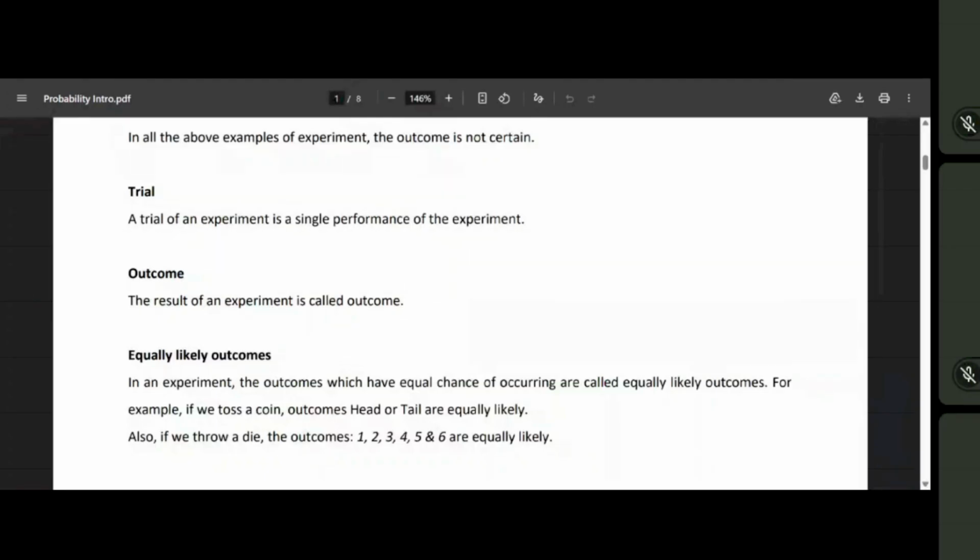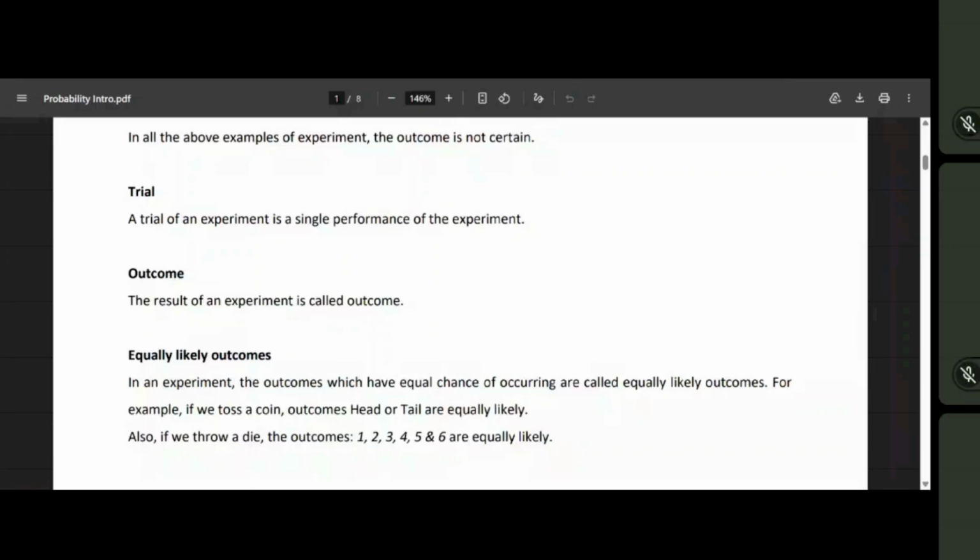Now, a Ludo die has 6 surfaces, numbered 1, 2, 3, 4, 5, and 6. There is only 1 one out of the 6 numbers, and there is only 1 two out of the 6 numbers. There is only 1 three out of the 6, 1 four, 1 five, or 1 six out of the 6.